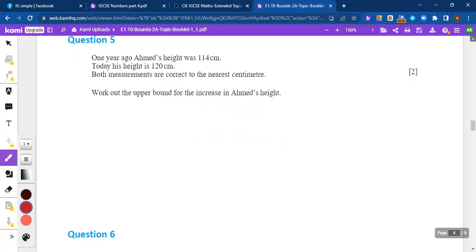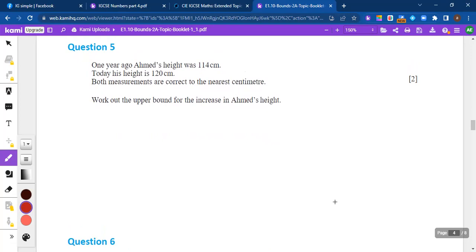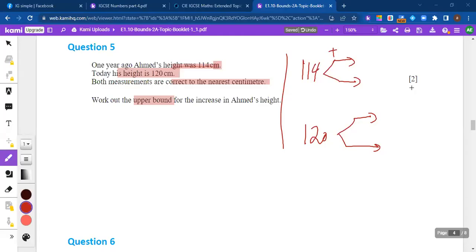Okay, take 5 minutes, do question 5. We subtract 0.5, add 0.5, subtract 0.5, add 0.5. 113.5, 114.5.